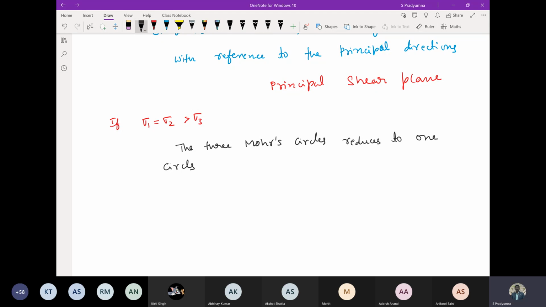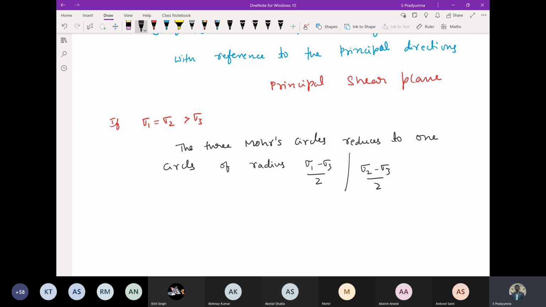So what is the radius of that one circle? It is sigma 1 minus sigma 3 by 2 or sigma 2 minus sigma 3 by 2. It can be both, right? Because sigma 1 is equal to sigma 2, I can write either.